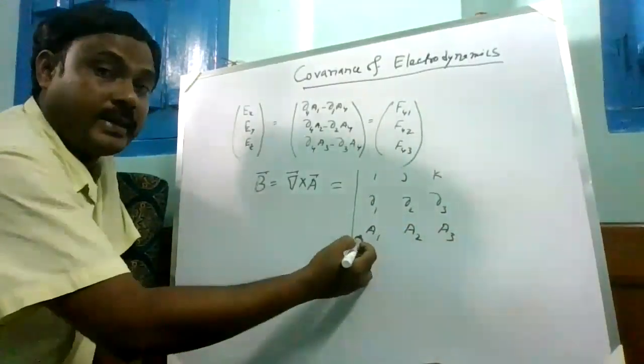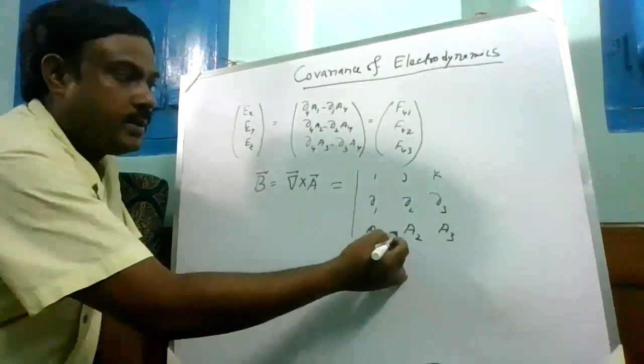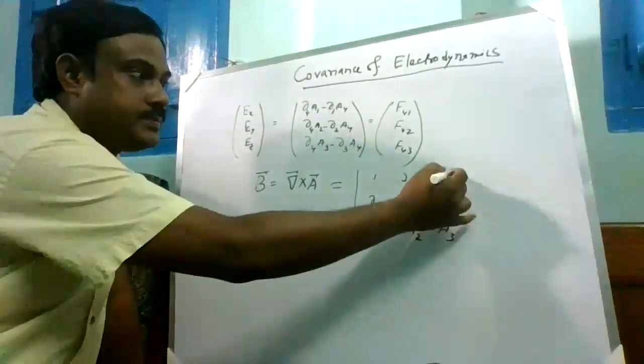Since I am writing in covariant form, there will be a minus sign. No?